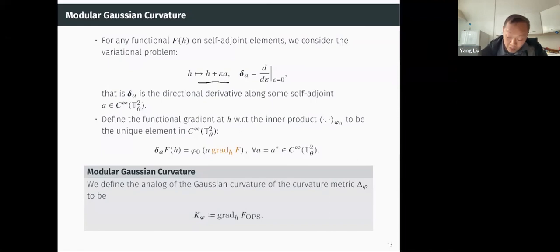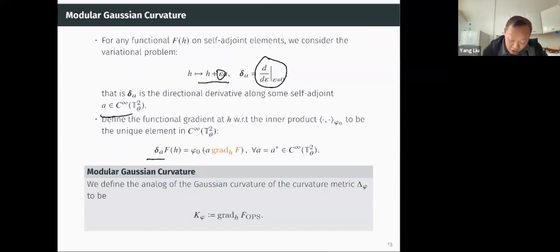If we do a perturbation, so move it along some other direction, A is another self-adjoint element here, right? So put the parameter epsilon, and we consider this variation. Then we take the derivative in epsilon and evaluate it at 0.